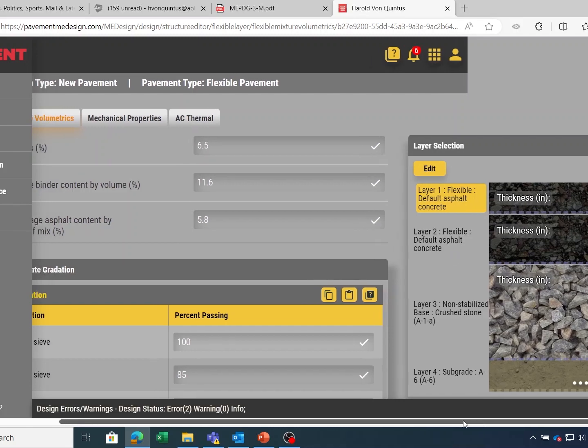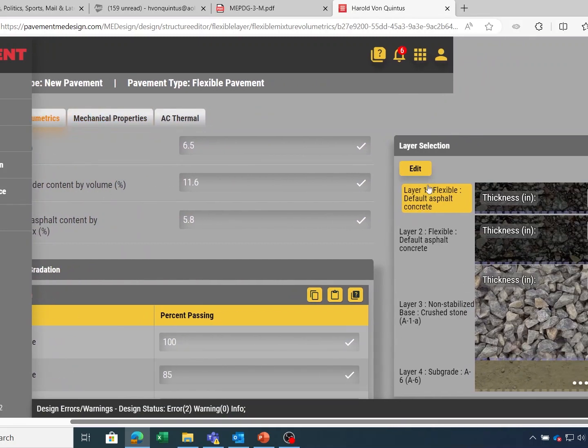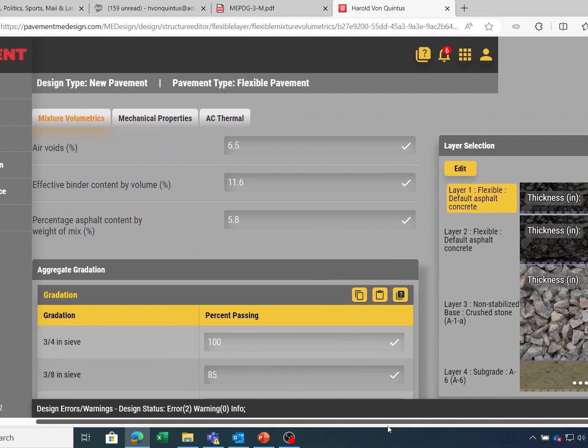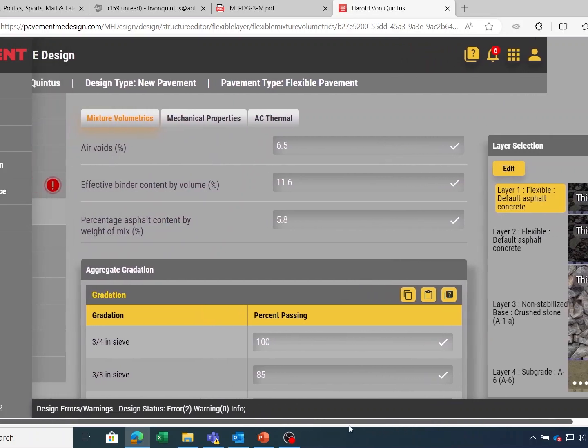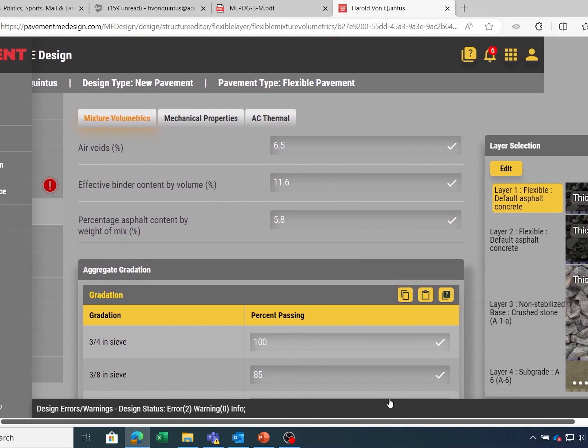Just about all of the volumetric and mechanical properties are required for each asphalt layer in the flexible pavement. The difference is only the creep compliance and the indirect tensile strength are only required for the wearing surface.